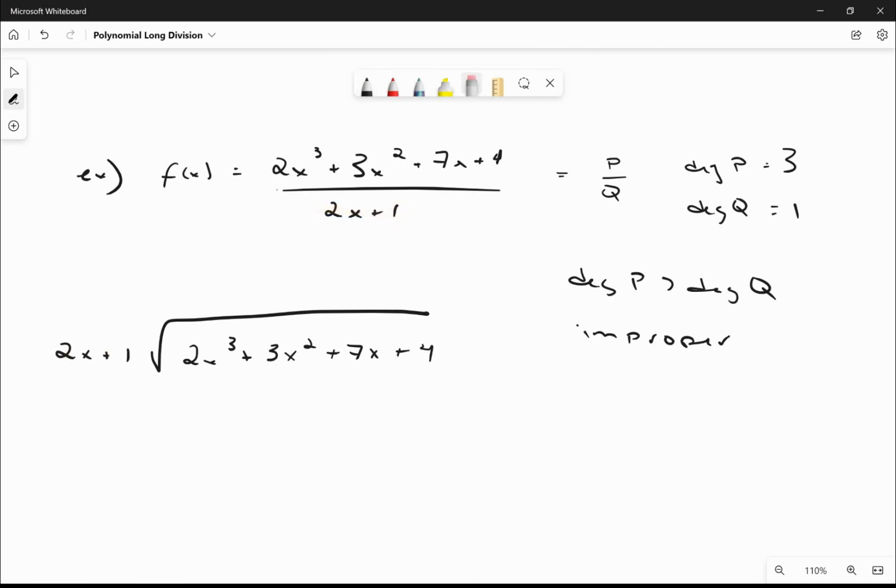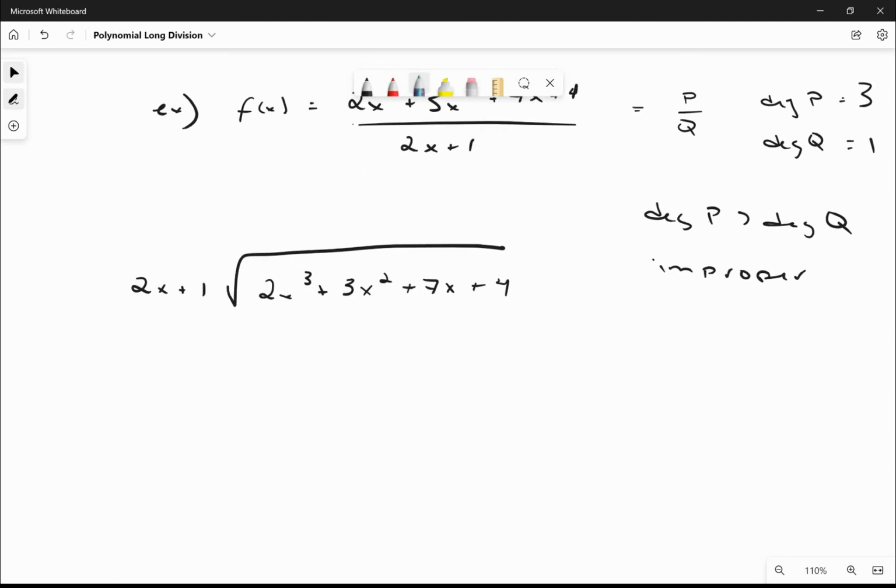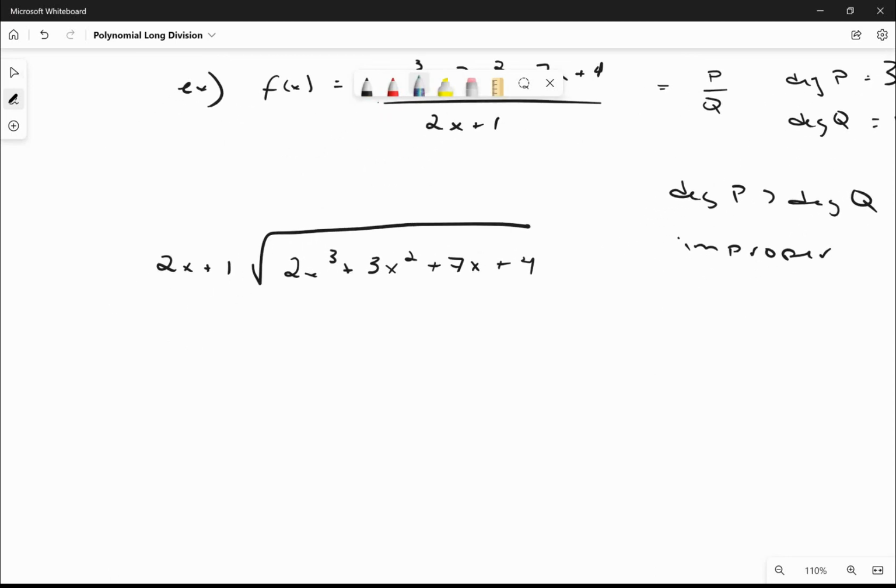Okay, so now we do this long division just like regular long division. You can think of these different powers of x as like the hundreds place, the tens place, the thousands place, in some large integer if you're doing integer division.